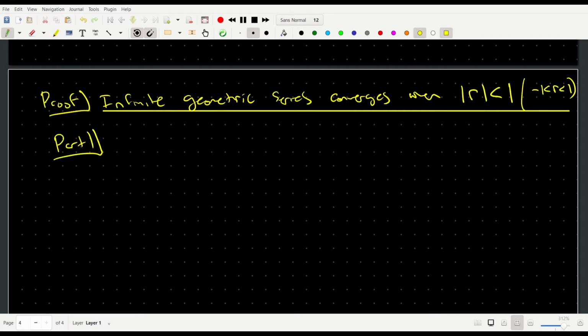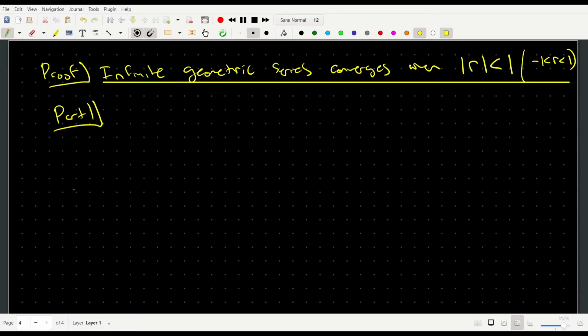So part 1 for us is going to be to develop a formula for the nth term in the sequence of partial sums, the term Sn. We want to develop an exact formula for Sn, where Sn is the sum from k equals 0 to n of a0 times r to the k.